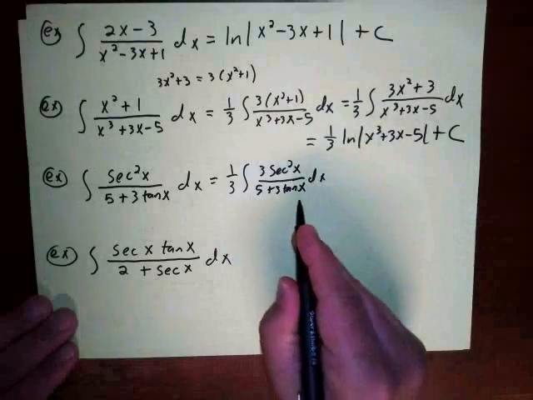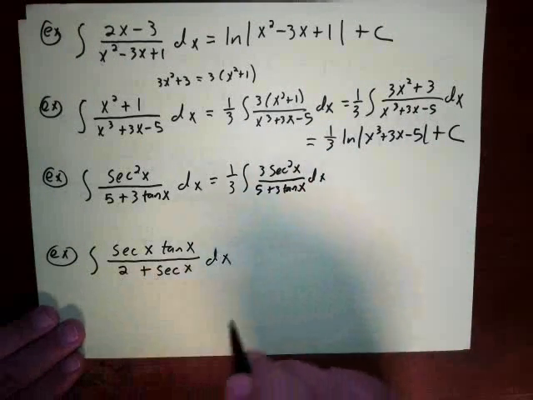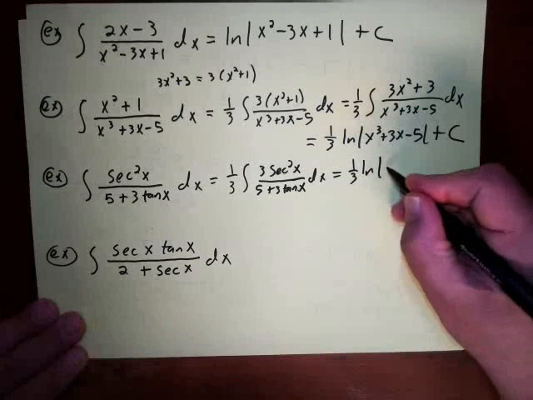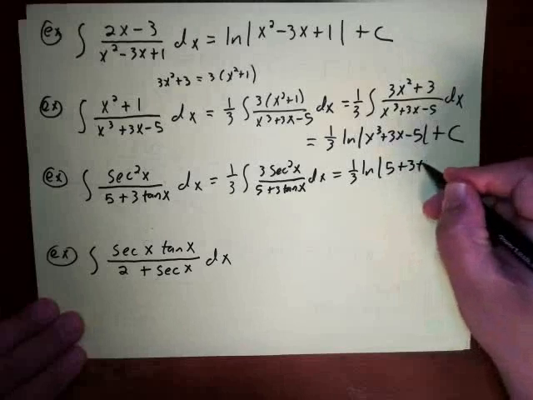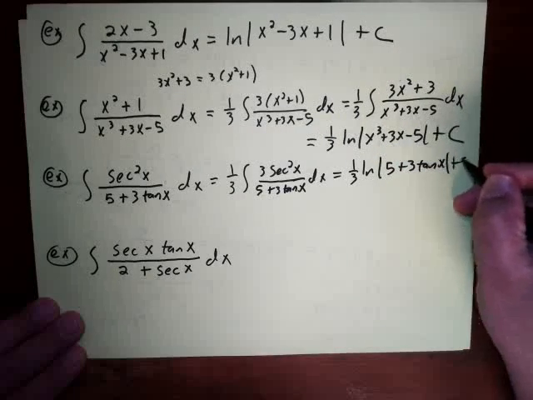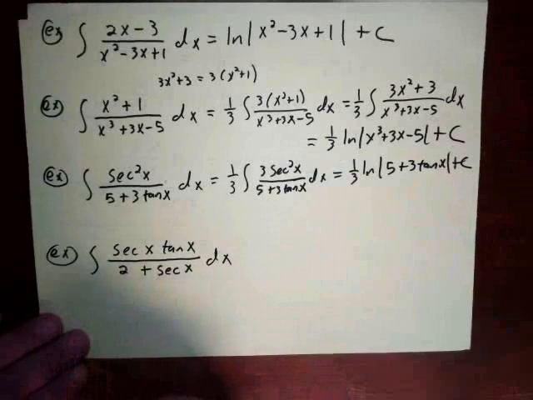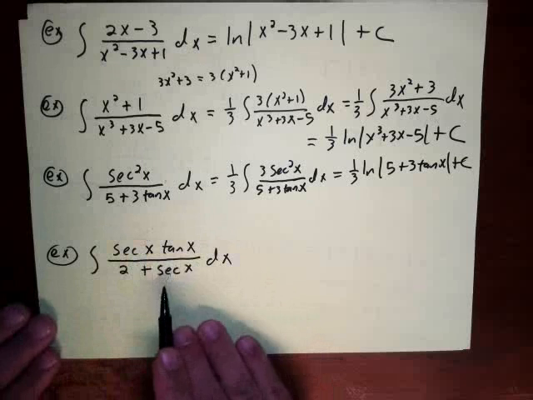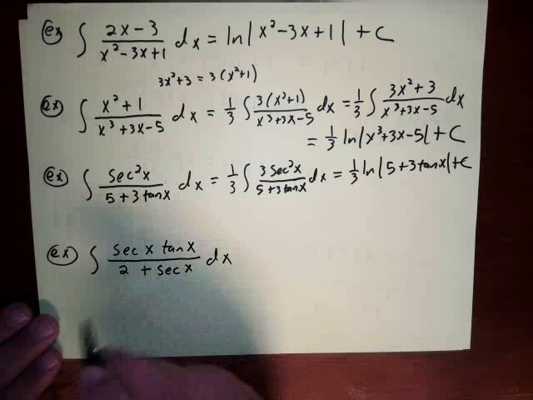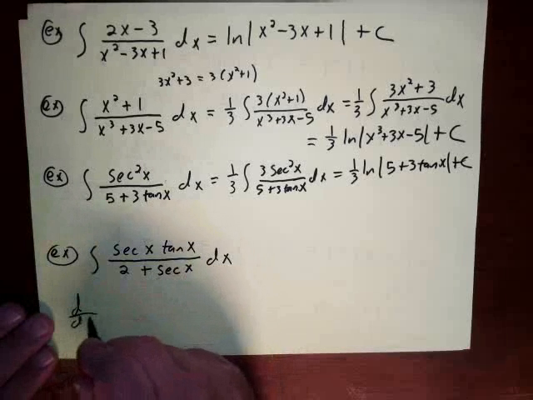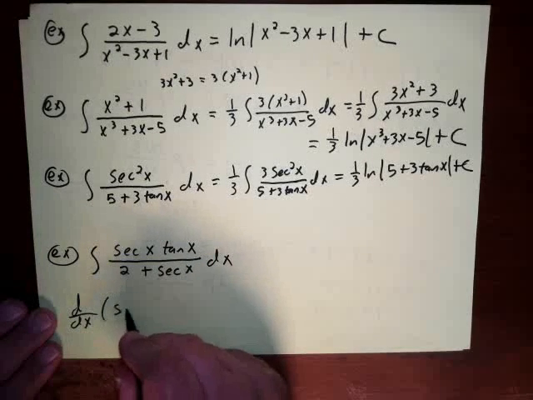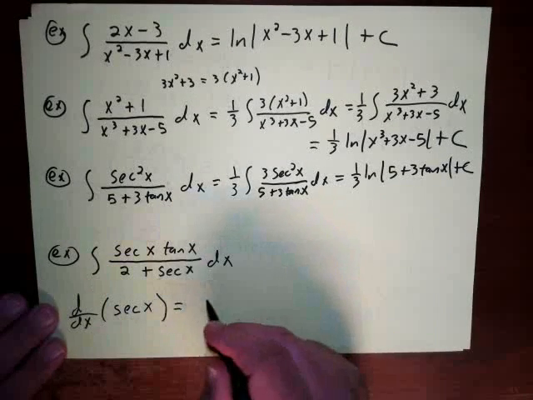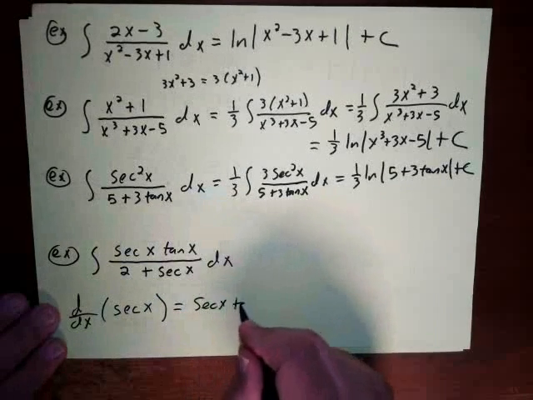Now, when I take the derivative of the bottom, I do get the top, and so I can rewrite this as 1/3 natural log of 5 plus 3 tangent x plus c. Okay, so that's nice. And now, when I look at this, this looks really complicated, but if I remember the derivative of the secant of x is equal to secant x tangent x.